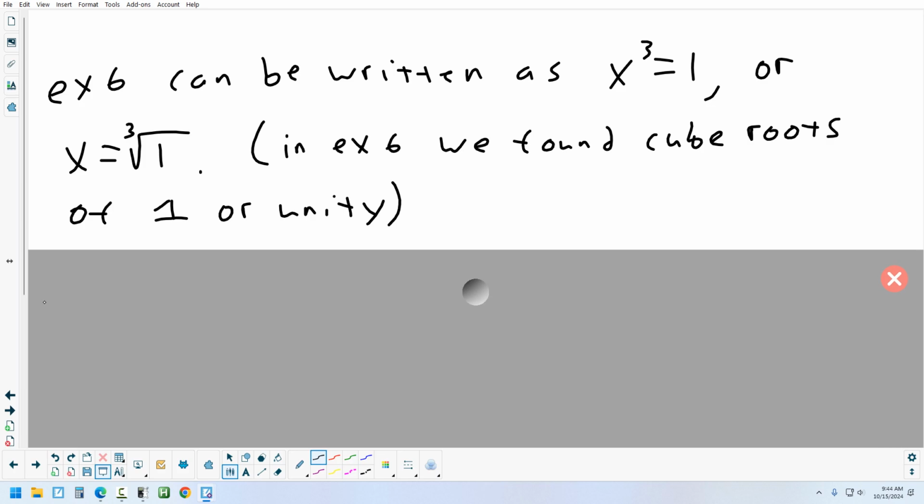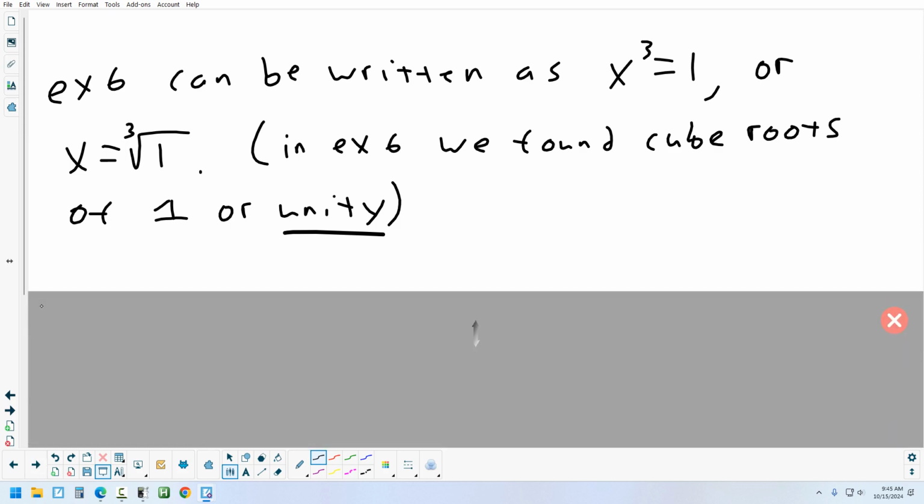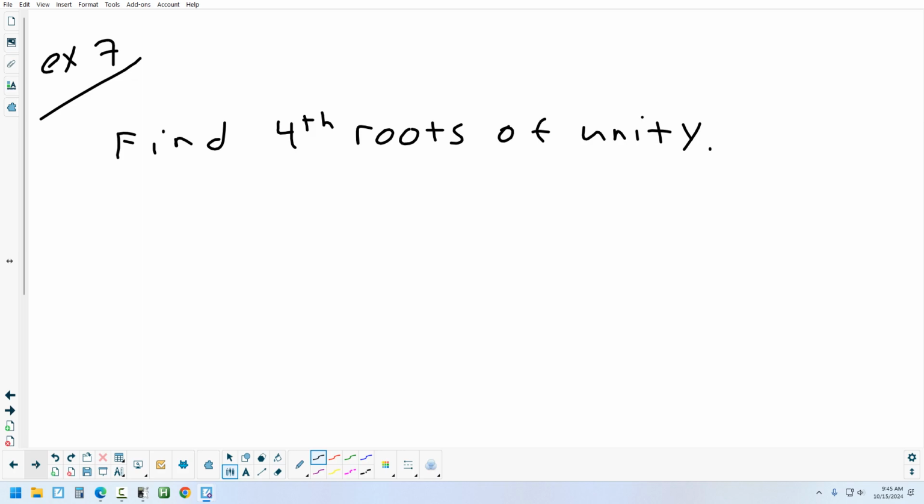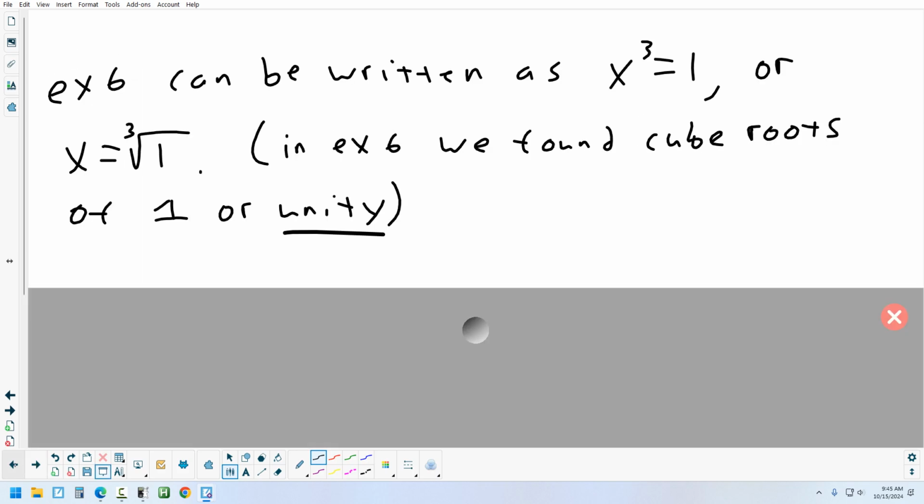So when we found the cube roots, we found the cube roots of a very particular number. Okay, it was 1. In our book, sometimes the way they write the number 1 is they use the word unity. So if you see a problem that says, find the 4th roots of unity, it basically just means set up an equation like this and find the 4th roots of 1.